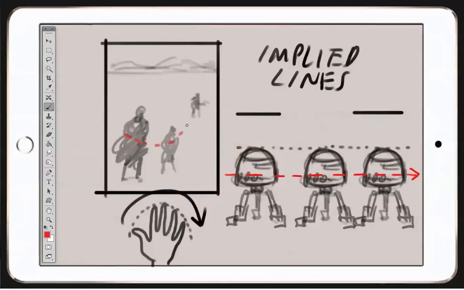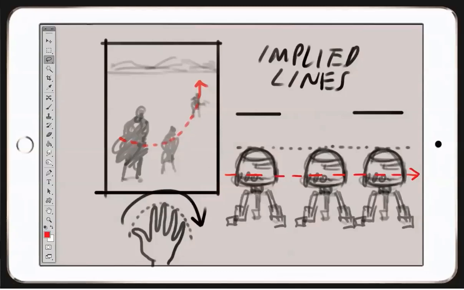It follows those shapes of the figures, creating that invisible line or implied line. So you don't actually see a line here, of course. You just get the feeling that there is some kind of connection here between these shapes, forming this invisible line.